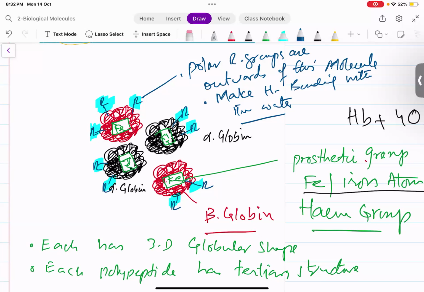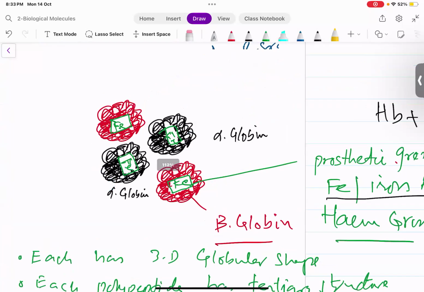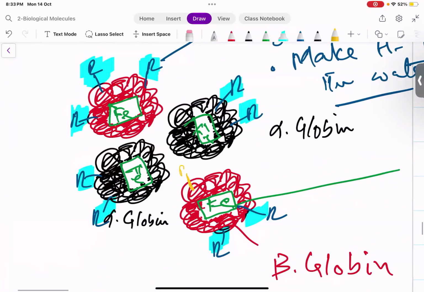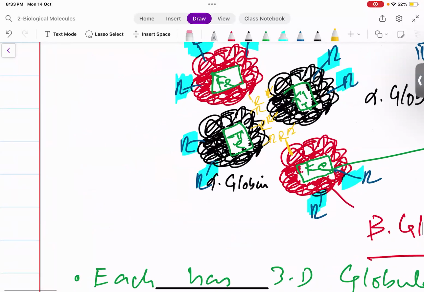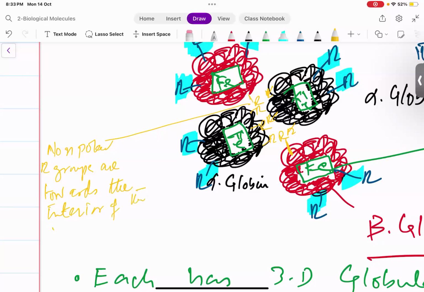Okay. There are also R groups directed inwards, the interior of this molecule. This has an R group here, an R group here, an R group here. So these R groups are non-polar R groups. Non-polar R groups are towards the interior of the molecule.